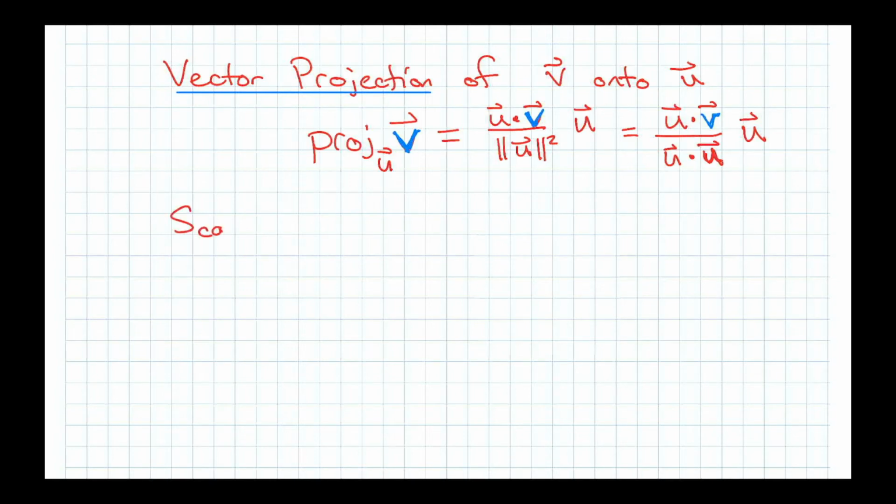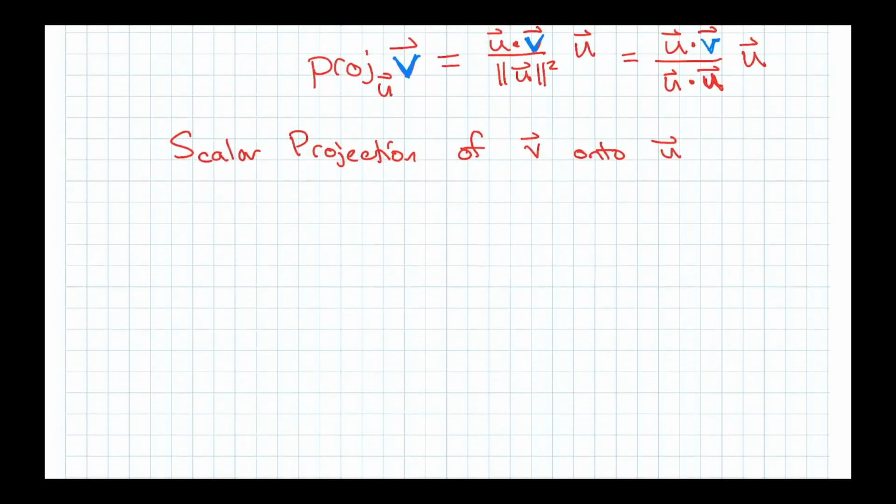So the scalar projection of v onto u, and you can write it a couple of different ways. They write like component, C-O-M-P, v onto u, like that.